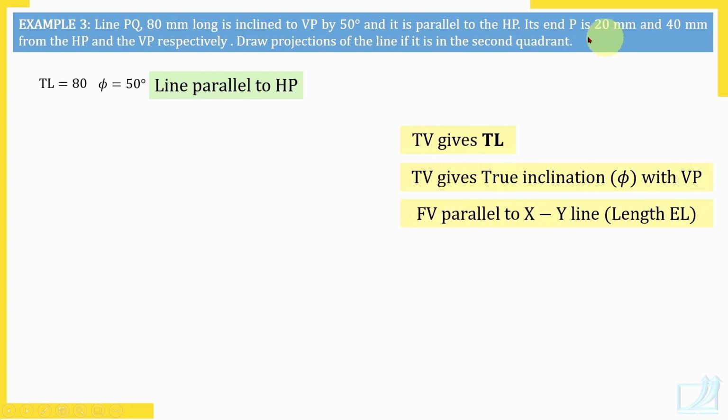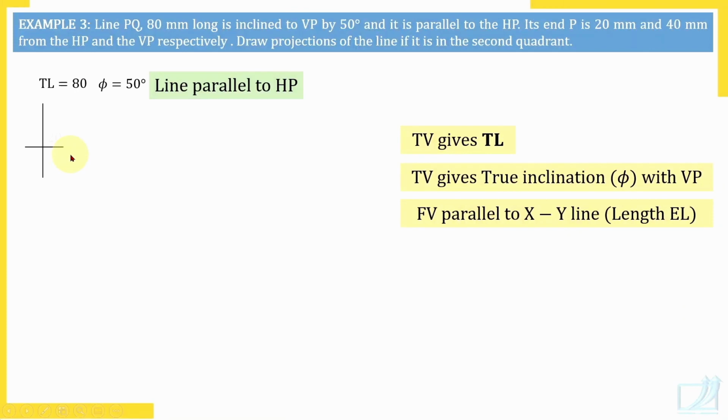Then which is the reference point? Let's check. Its end P is 20 mm and 40 mm from HP and VP respectively. We don't know whether it is above or below. Wait, let's read further. Draw projections of the line if it is in the second quadrant.